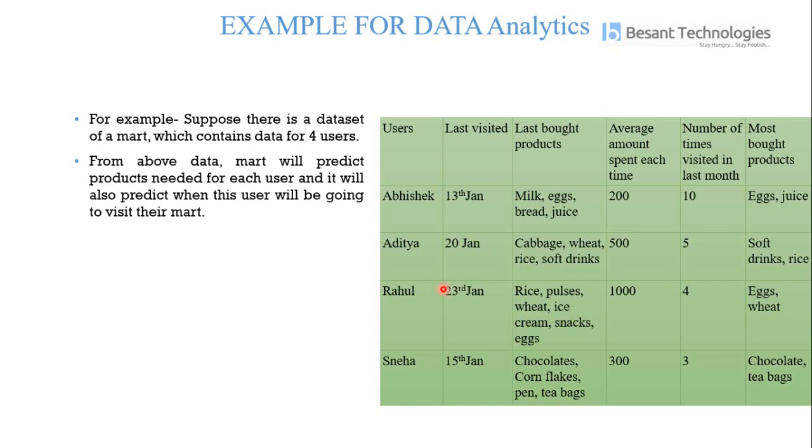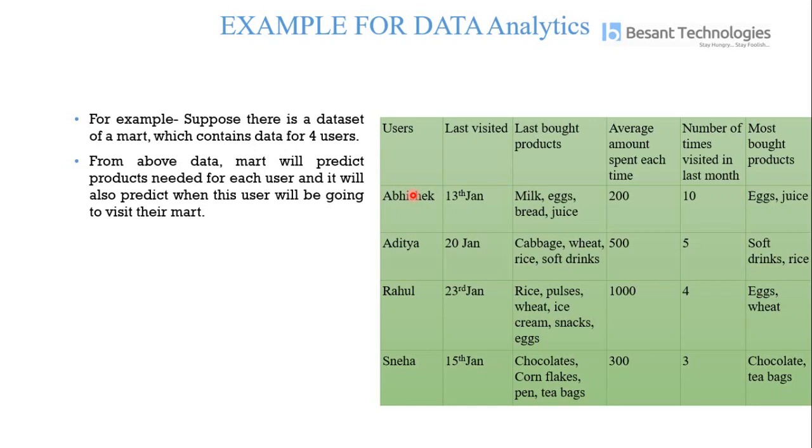So data analytics is a field where we analyze the data of each and every user. Now this is one user, and this is another user, and this is another user. Now we are going to analyze what the needs of Abhishek, Aditya, and Rahul are. So I am going to analyze each and every person.